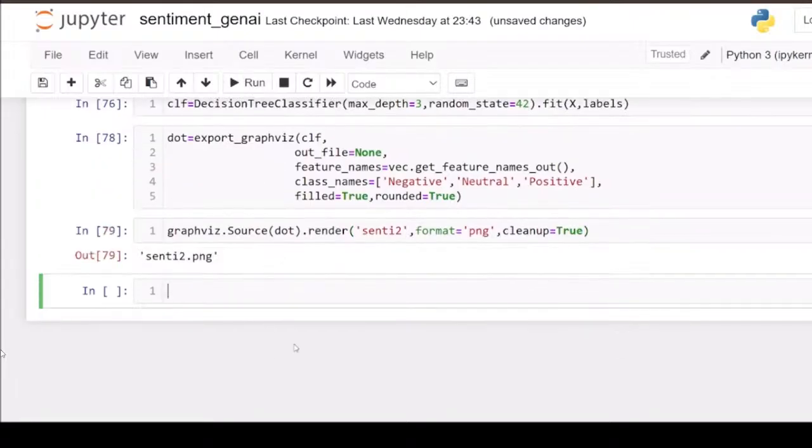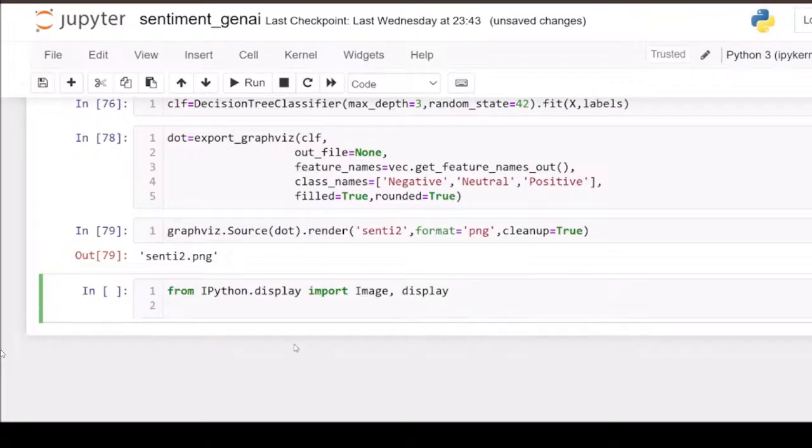Okay, so we got it, and to display this, all we have to say is from IPython.display import Image, display, and we have to say display of our image, which will be sent2.png.